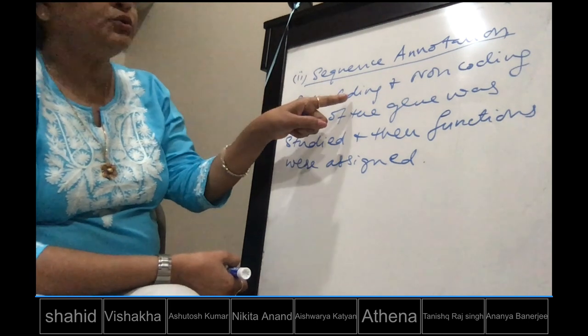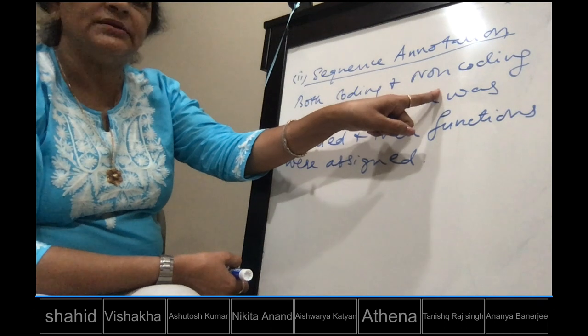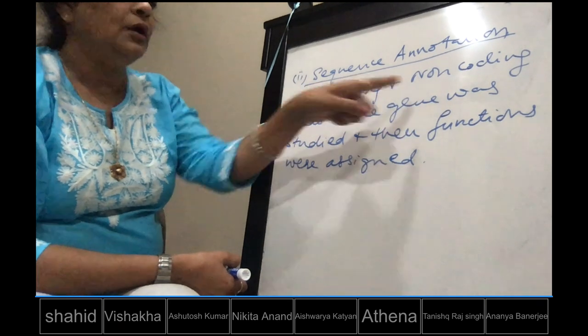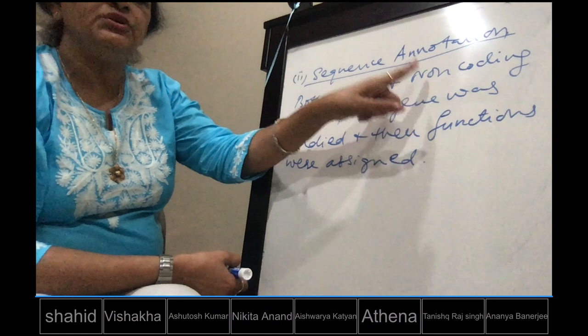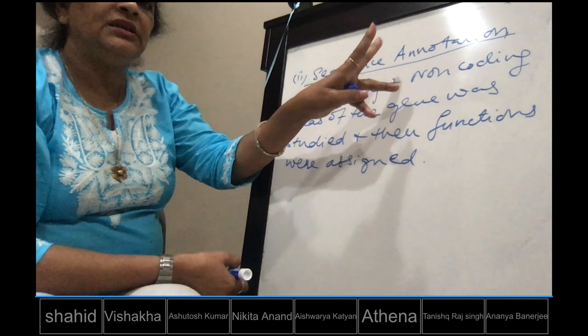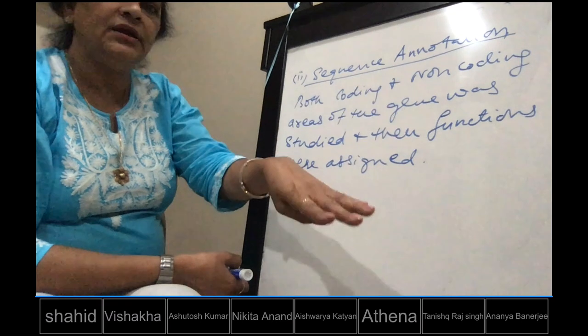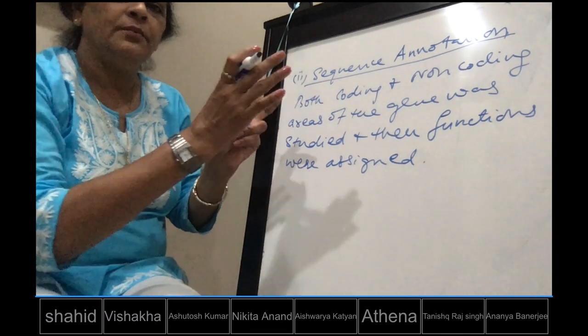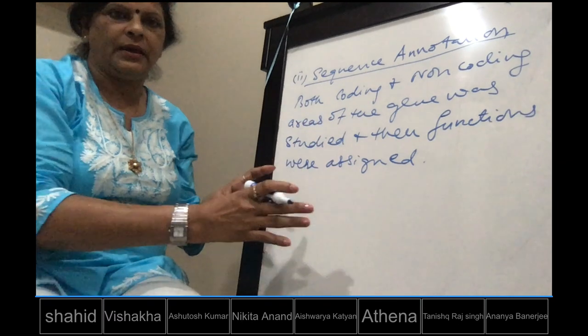hnRNA has both coding areas and non-coding areas. Coding areas are those which will code for amino acid. Non-coding areas are those which do not code for an amino acid. So basically in eukaryotes, the non-coding area is removed and coding areas are joined to form the messenger RNA or mRNA.